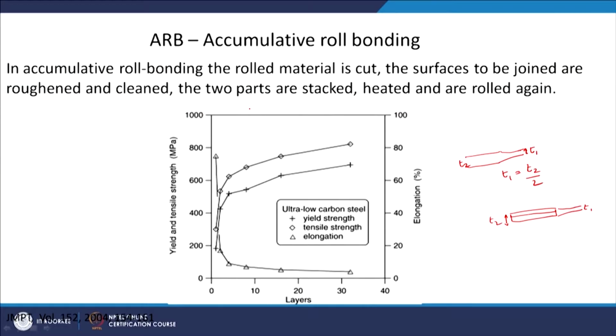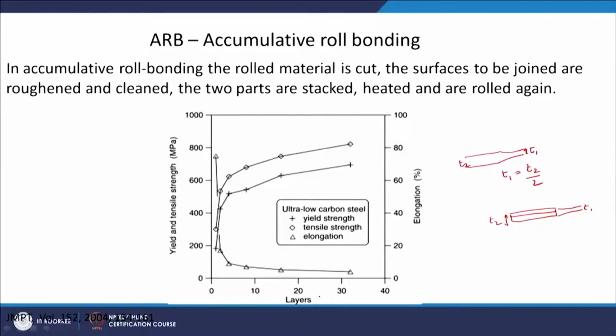Of course, you have to do all this because if there is any oil, then there will not be a good contact. So, you have to increase the surface area by doing some roughening process, by some kind of emery paper or maybe silicon carbide paper. And again you stack it, heat it, again you roll it.